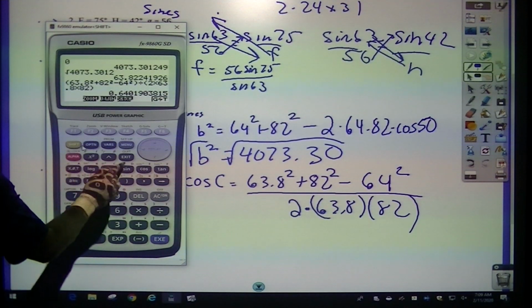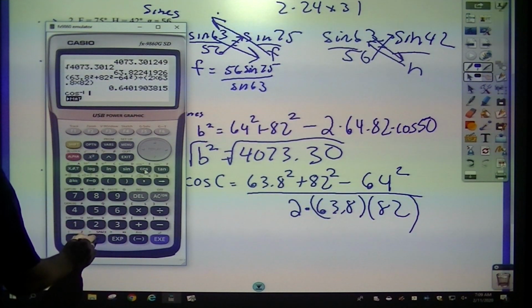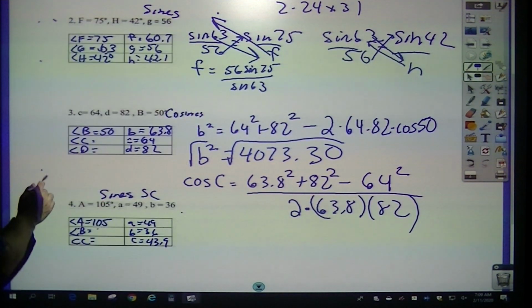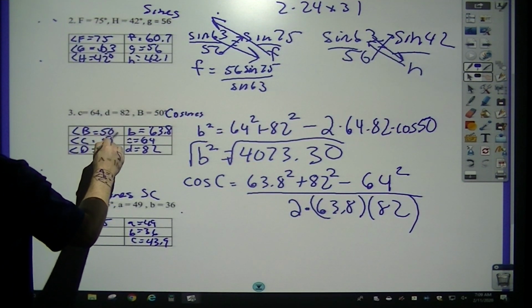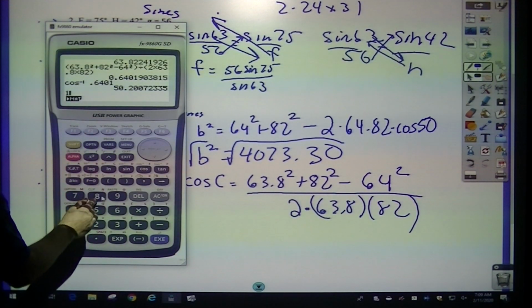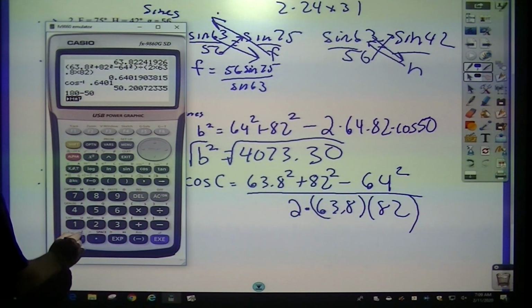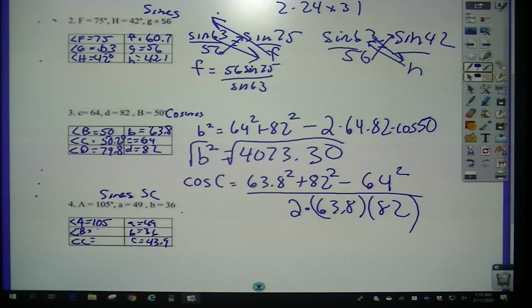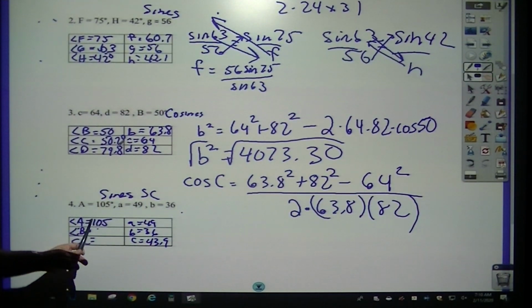Inverse cosine, 0.6401. So 50.2 degrees for this. Then it becomes very easy to find the third angle because I just subtract those two angles away from 180. You get 79.8.